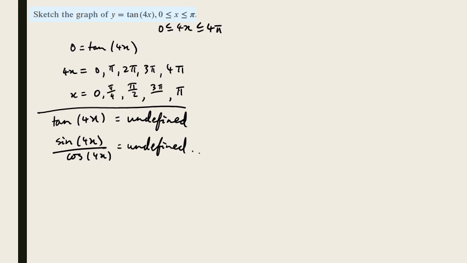So we want to find when this is undefined. Now, if you think about it, you can't divide by 0, so that's when it must be undefined. So in other words, we want when cos of 4x is equal to 0.